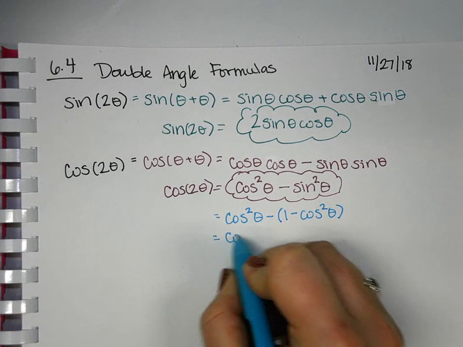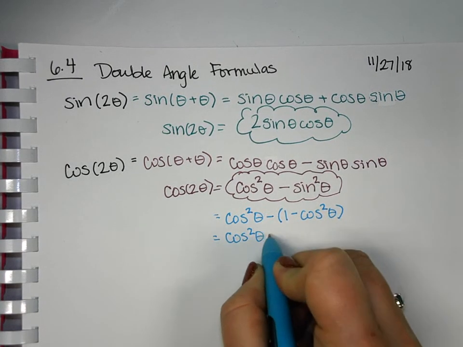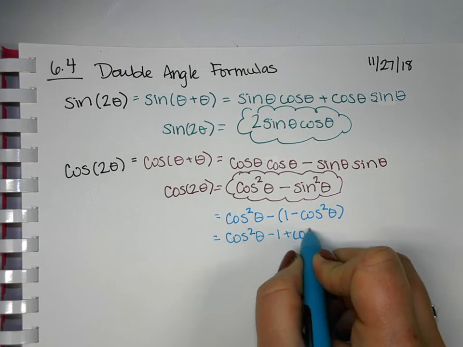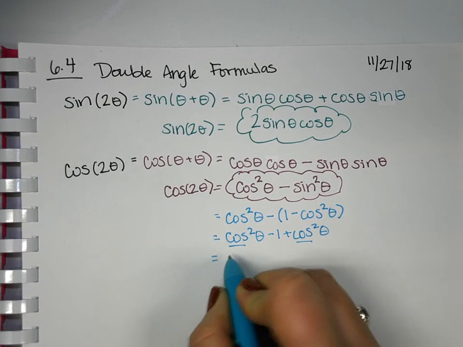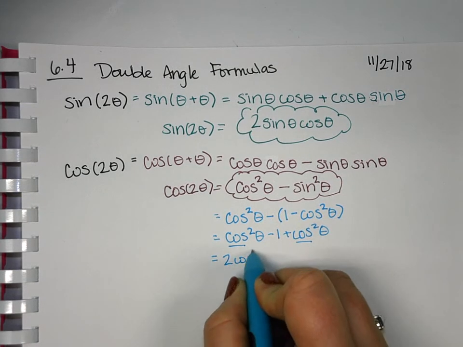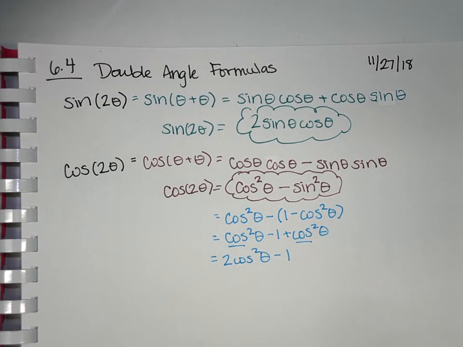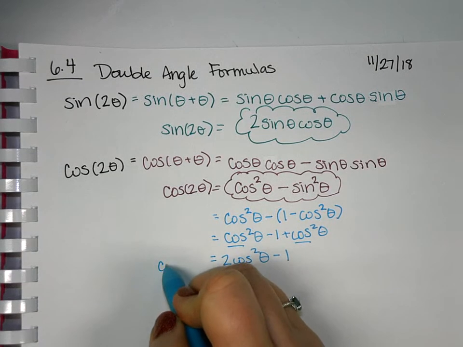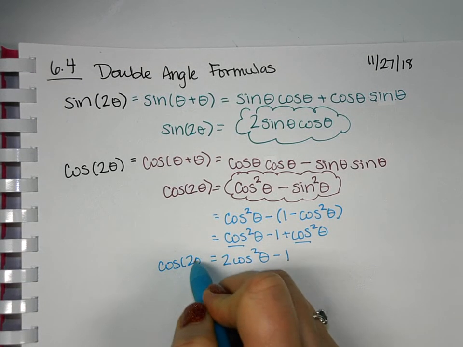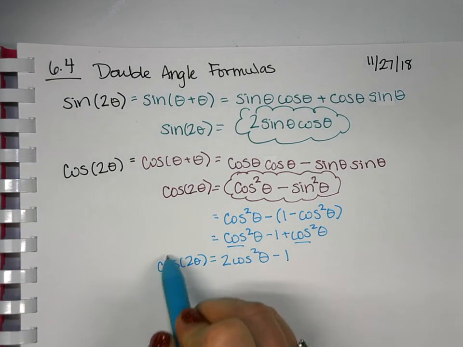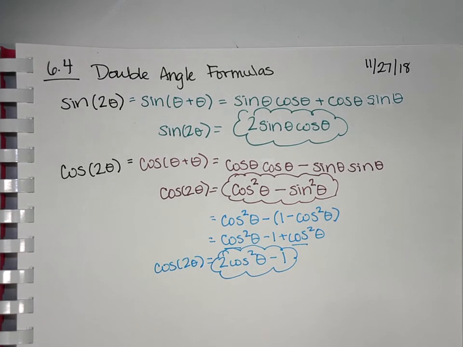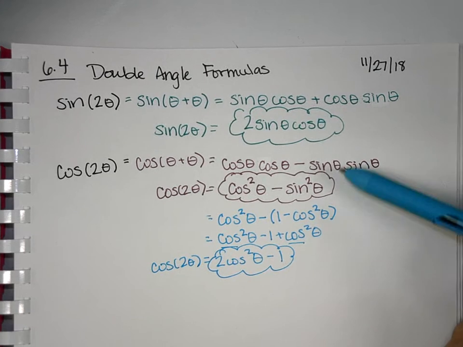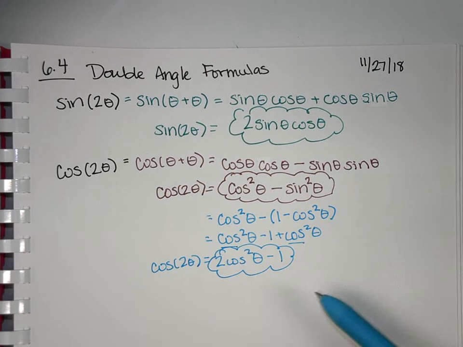When we distribute the negative and combine our like terms, we get 2 cosine squared theta minus 1. This is another form of our double angle for cosine. So a double angle for cosine can be written this way, or it can be written this way.